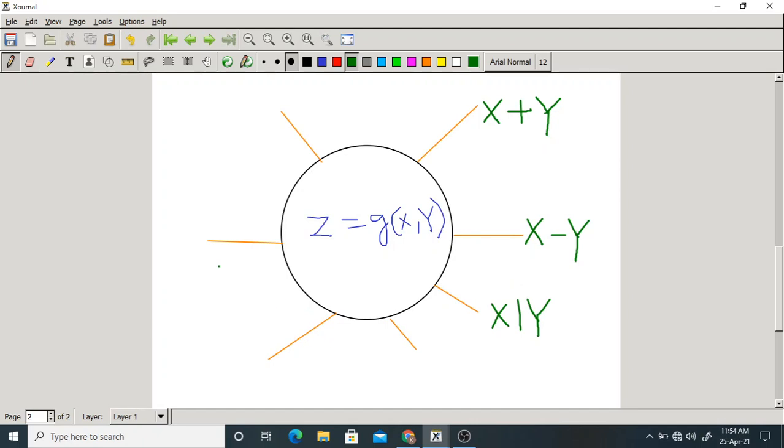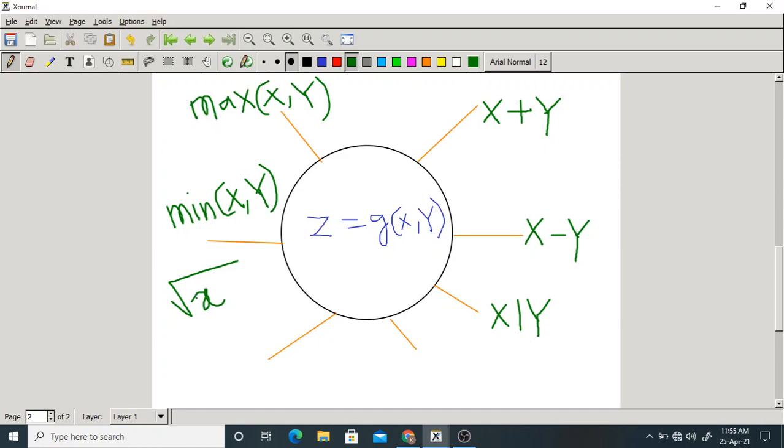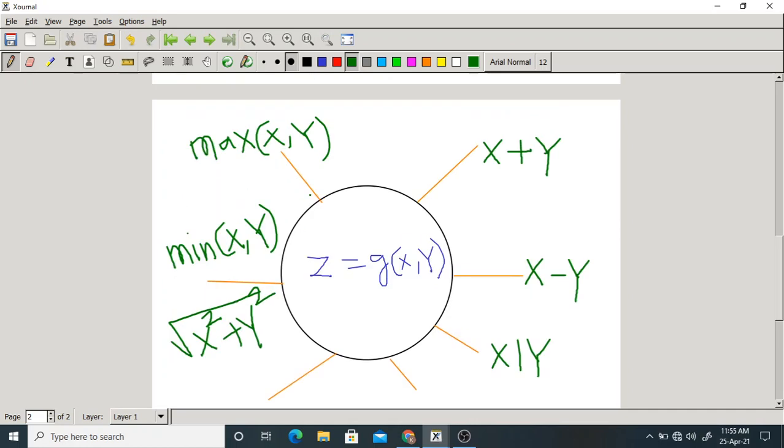There are also some order statistics, like the maximum of x comma y, or the minimum of x comma y. Not only this, there are several other relations you can find, such as x square plus y square. Like this, we will see how to deal with these kinds of problems.